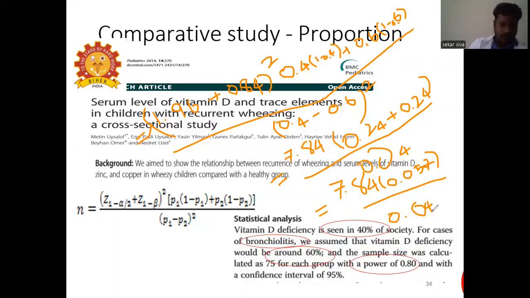So the sample size will be 12 per group.